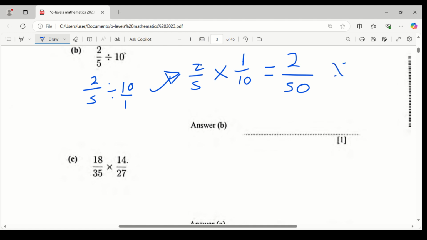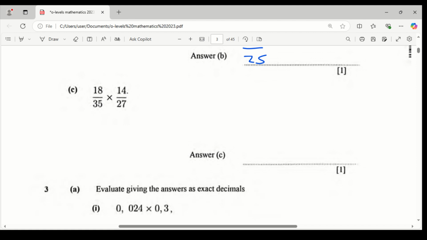So you just multiply by 2 over 2. 2 into 2 is 1, 2 into 50 is 25. So our final answer will be 1 over 25.